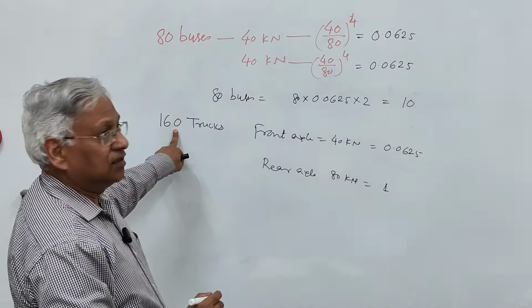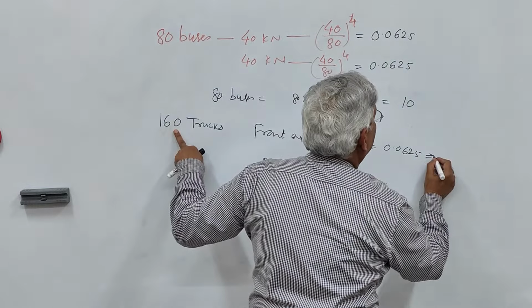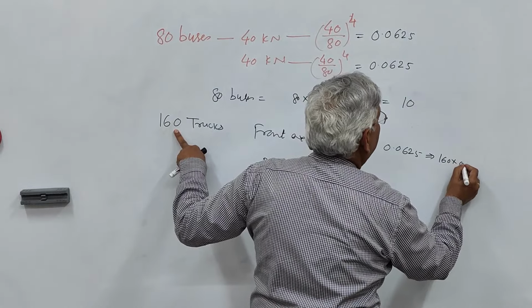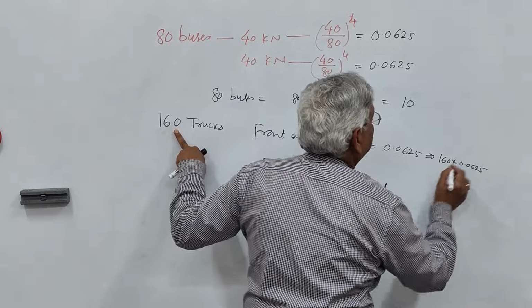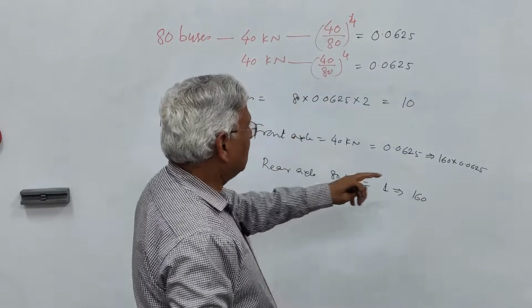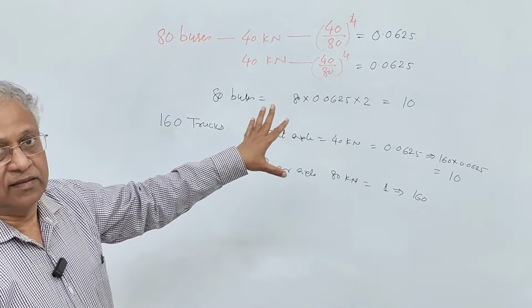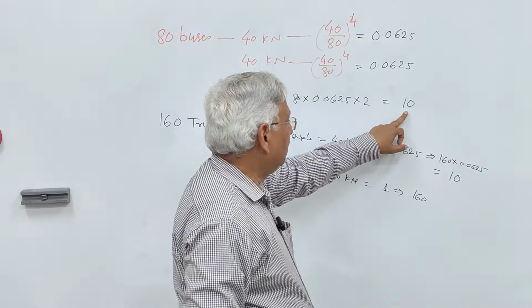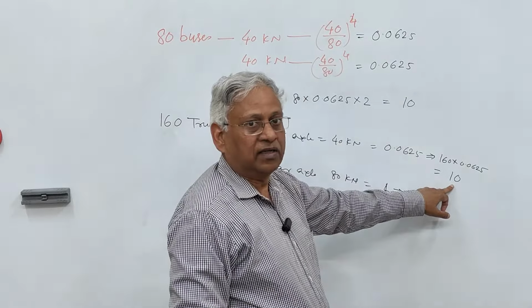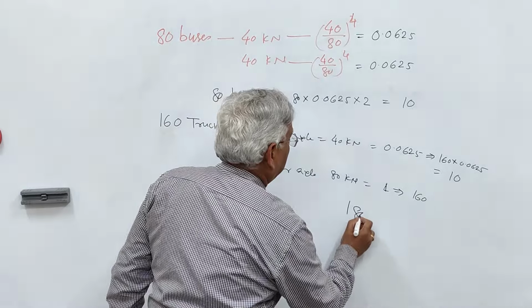So 160 axles in the front will be 160 into 0.0625, that is 10. So now the total number of standard axles will be 10 for buses, 10 for the front axle of the truck, and 160 for the rear axle of the truck, that is 180. That is the answer. Next question is also of 2 marks.